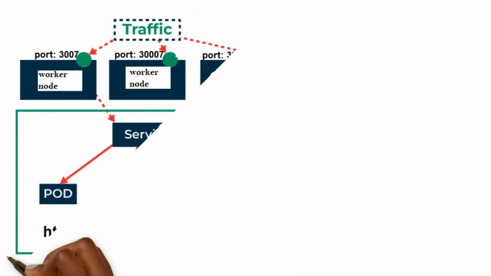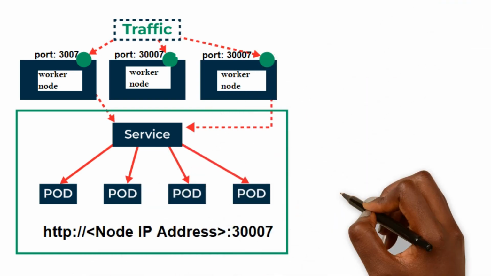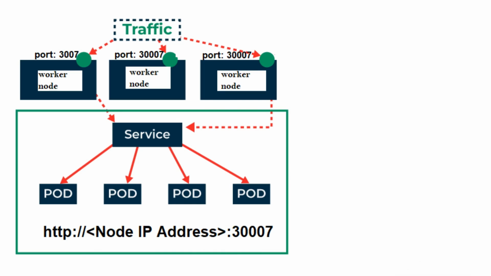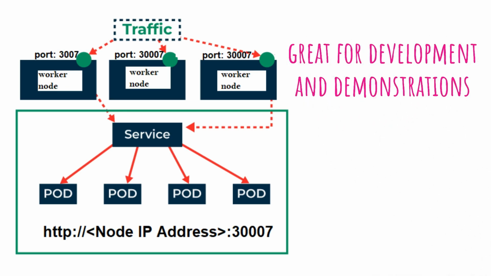For example, your NodePort service might open port 30007 on every node. To access your application, you'd go to http://<node-IP-address>:30007. Kubernetes guarantees that port 30007 will always route traffic to your application, no matter which pod it's running on.